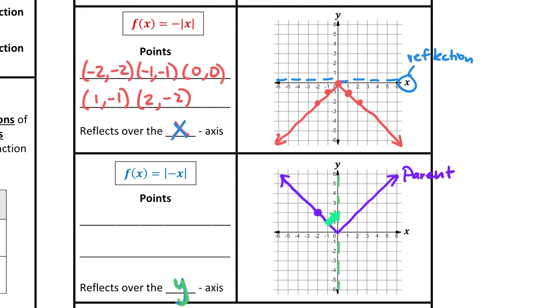Isn't the reflection going to be 2 steps away on the other side? So what ends up happening is when you reflect the absolute value parent function over the y-axis, you get the same thing. It doesn't change the graph. So I'm going to color it blue.